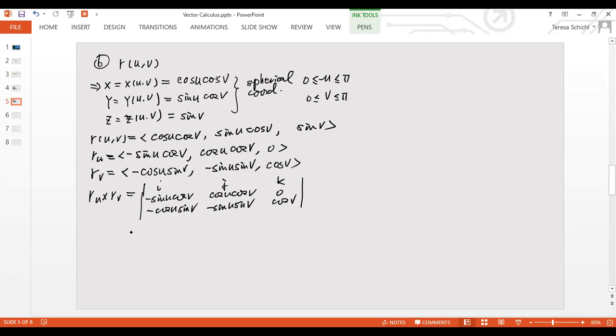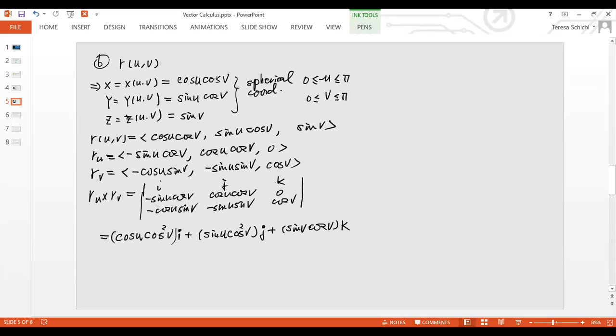So now finally I can get this cross product after simplifying it. This will be cosine u cosine square v to the i component, plus sine u cosine square v to the j component, then plus sine v and cosine v to the k component, right?